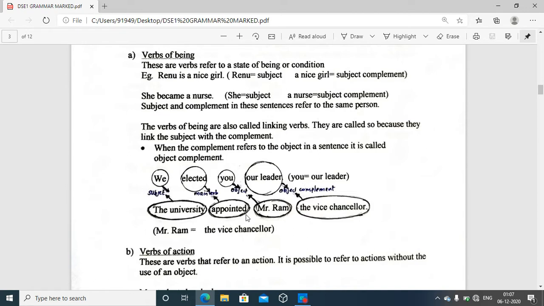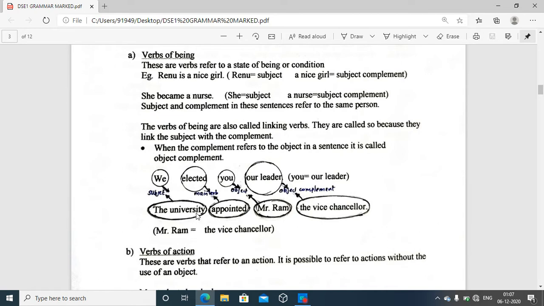The university appointed Mr. Ram the vice chancellor. The university is the subject. This example is very important for understanding that not just human beings or animals can be the subject, but a university, a college, a tree, a bird, anything can be the subject of some actions or some sentences.